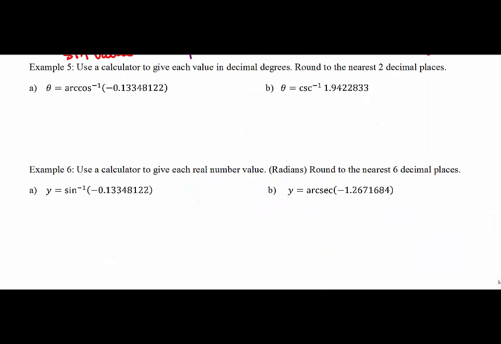For example 5 and example 6, we will be using our calculators. And for the first example, example 5, we are looking for decimal degrees. So make sure that your calculator is in degree mode. So we're going to type this directly into our calculator. Arc cosine of this, and of course that's the same thing as cosine inverse of this value.